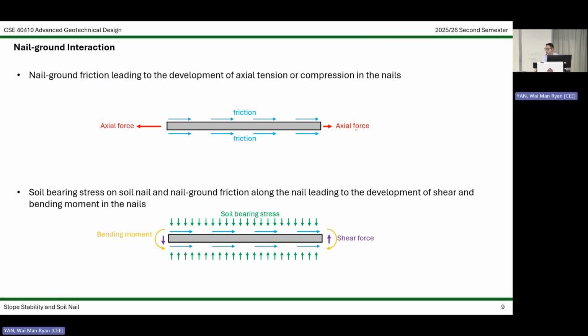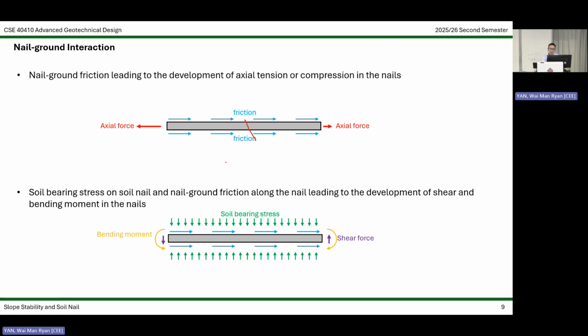Very straightforward, right? If the tensile capacity of your nail is so small that it cannot take this axial force, what happens? It breaks. So from the basic mechanisms, we know that later on when we do soil nail design, one of the mechanisms that we have to check is the breakage of the nail.